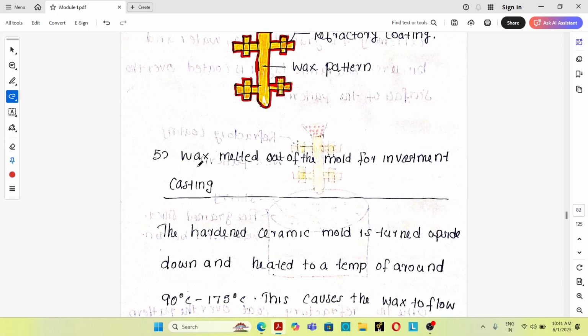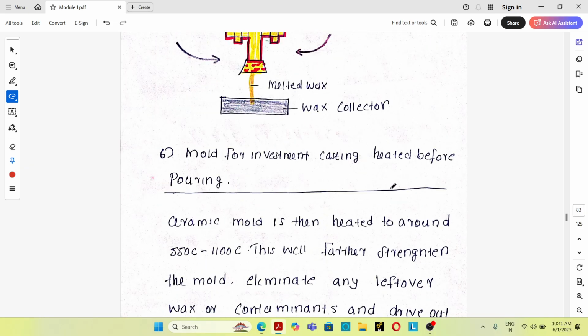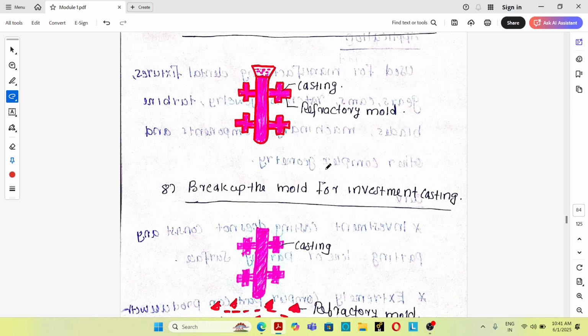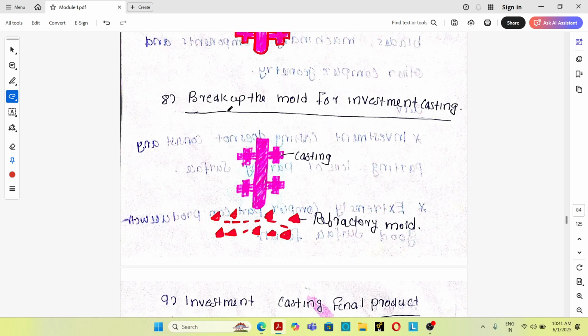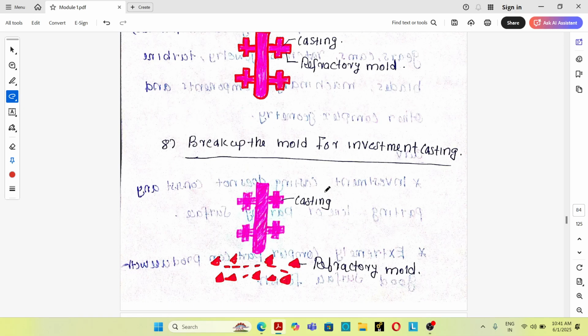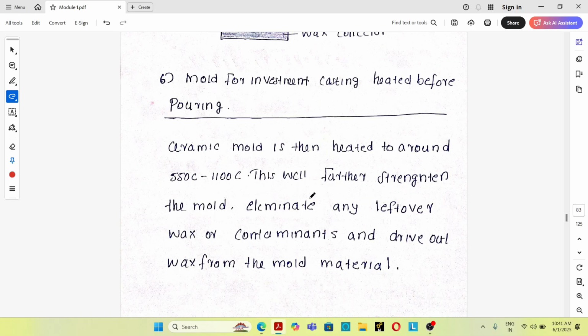Fifth step, wax melted out of the mold for investment casting. Sixth step, mold for investment casting heated before pouring molten material. Seventh step, solidification of metal inside the investment casting mold. Eighth step, breaking up the mold for investment casting. And we have the final product. So these are the steps in an investment casting process. We can discuss them one by one.